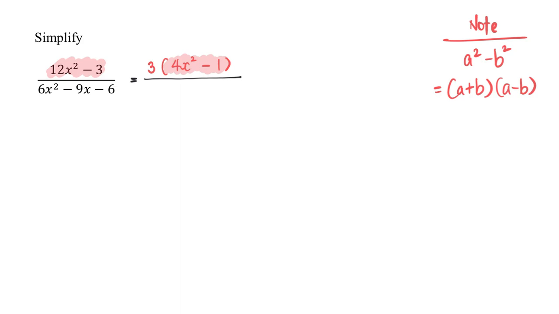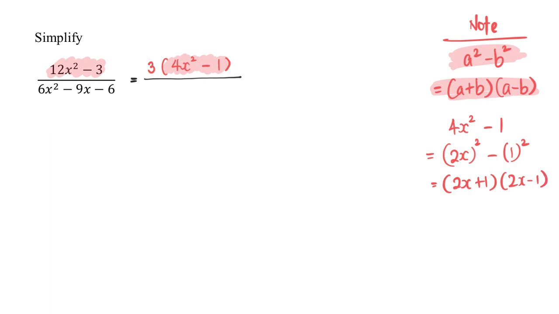Because I see that 4x squared minus 1 can be written as 2x squared minus 1 squared. 2 times 2 is 4, x times x is x squared, 1 times 1 is 1, and therefore by applying this formula or special product, I could get 2x plus 1, 2x minus 1, and that is what you will see later on.